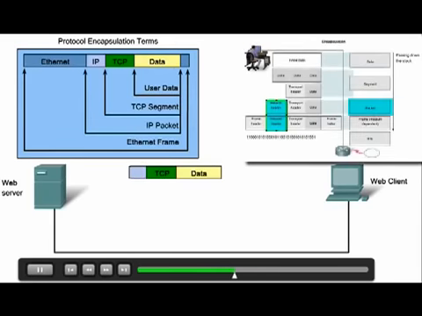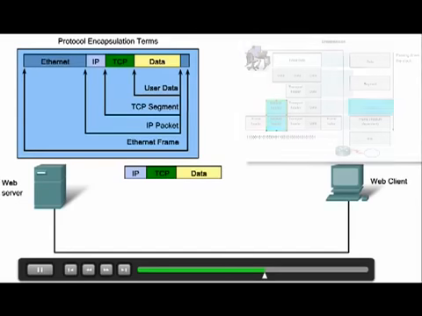The transport layer then sends the segment to the internet layer where the internet protocol is used. Here, the entire TCP segment is encapsulated within an IP packet, which adds another label called the IP header. The IP header gives the packet traveling directions by adding source and destination host IP addresses.